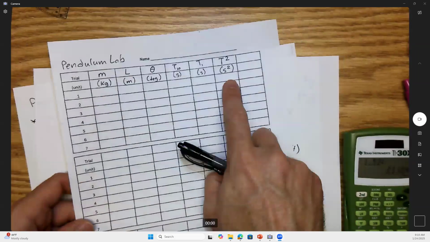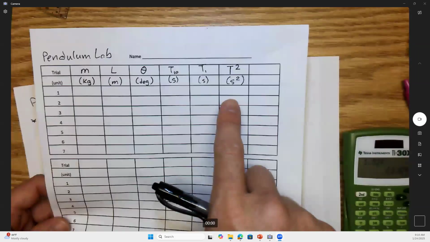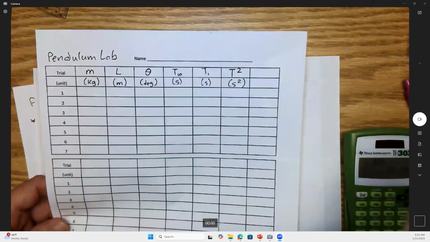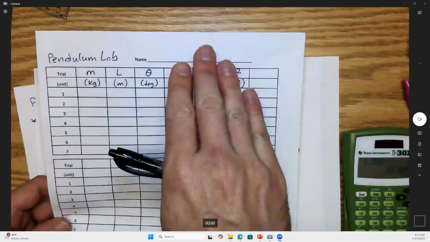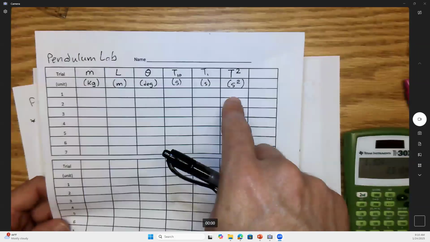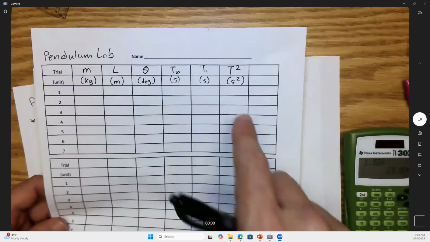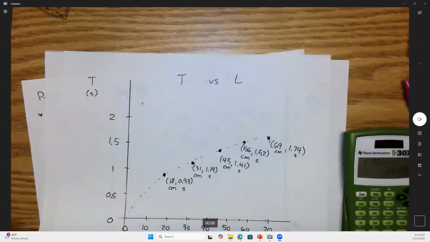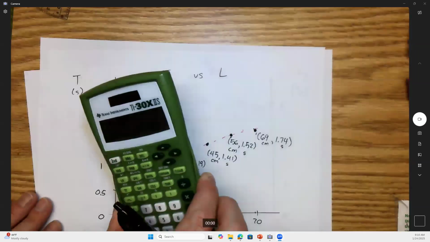And if they see this on your lab table, because they might give you a blank lab table or some variables and leave everything else blank so that you can write in your own columns, it's like, oh, yep, the student knows what they're doing. So 1.52 squared, that's 2.31.